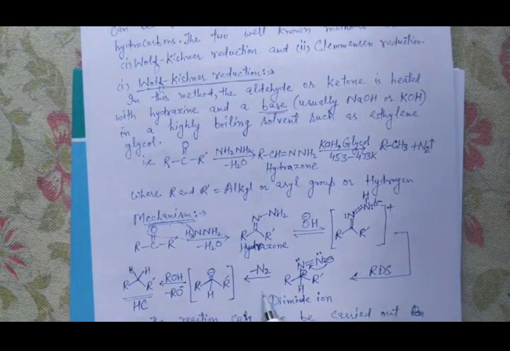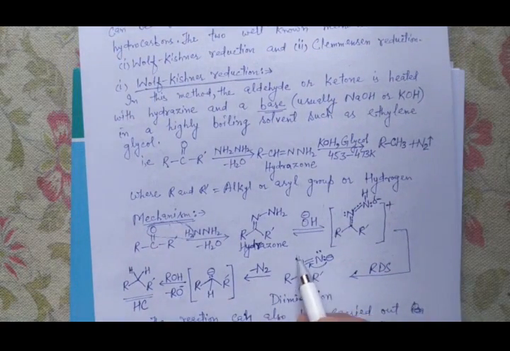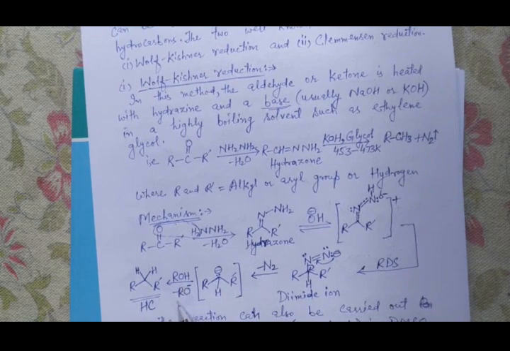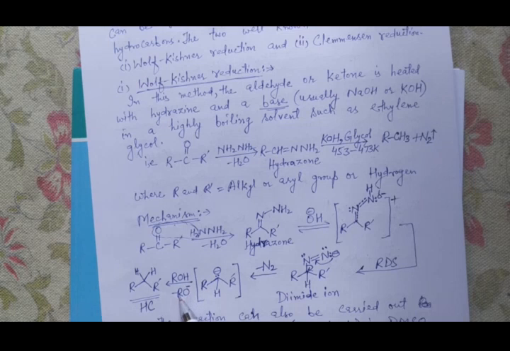And in the subsequent step, loss of this N2, this nitrogen molecule, takes place, and the electron pair between nitrogen and carbon gets shifted onto this carbon atom, thereby giving this type of carbanion, which upon the action of a base ultimately gives this hydrocarbon.